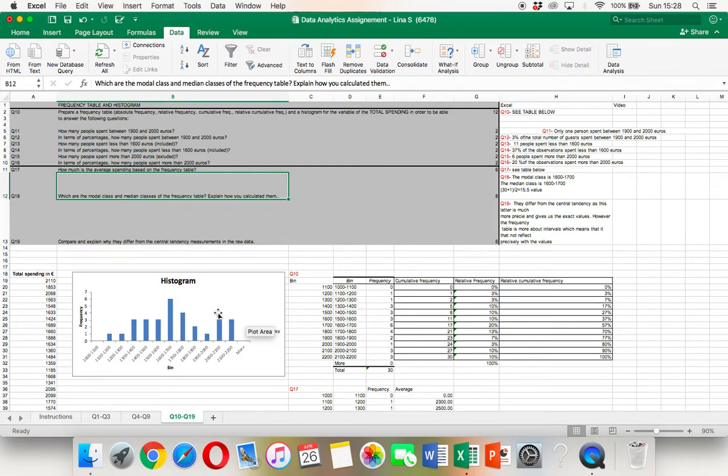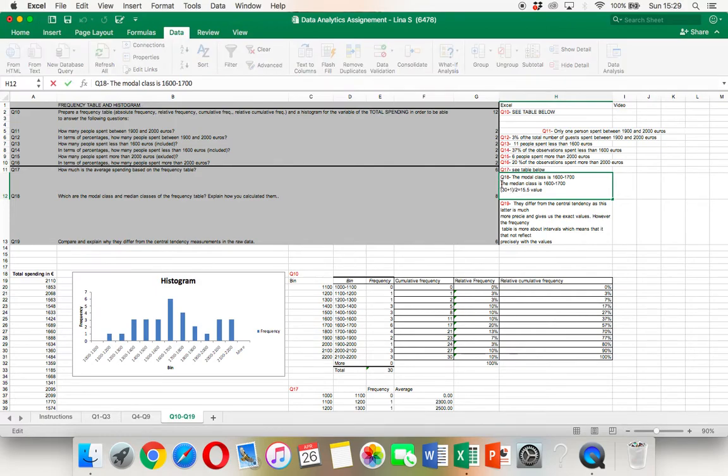We can see it also in the histogram, as you may see, it's here. It means that most of the people are spending between 1,600 and 1,700.